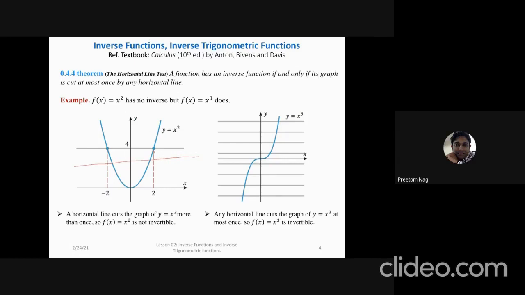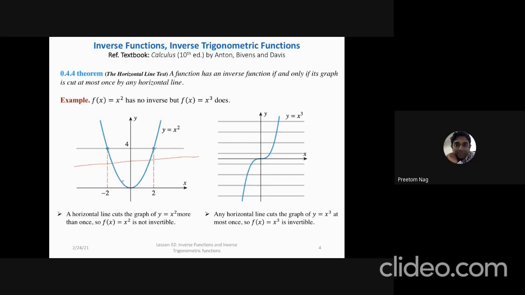But if the horizontal line test is successfully passed by a graph, then the graph will have its inverse graph, its inverse function. Okay, and that is the example here.